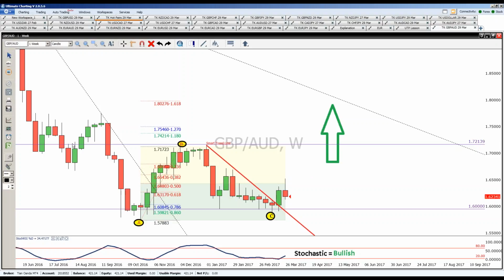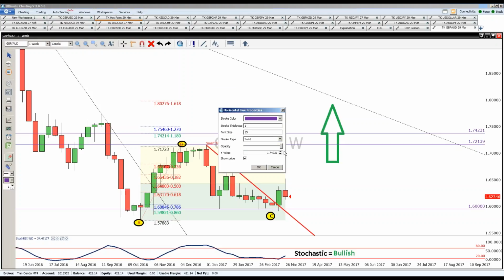Now the D extension on the weekly will be the 1.18 extension. That will be over here at 1.7421.